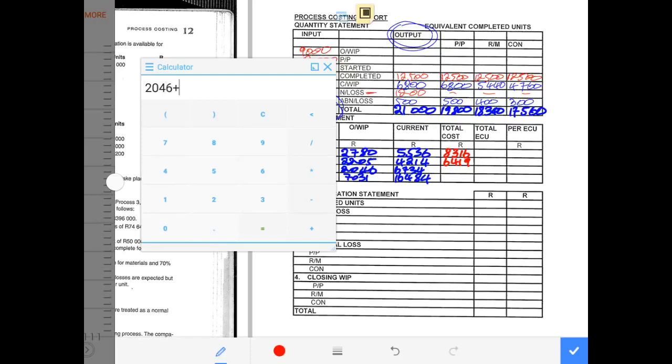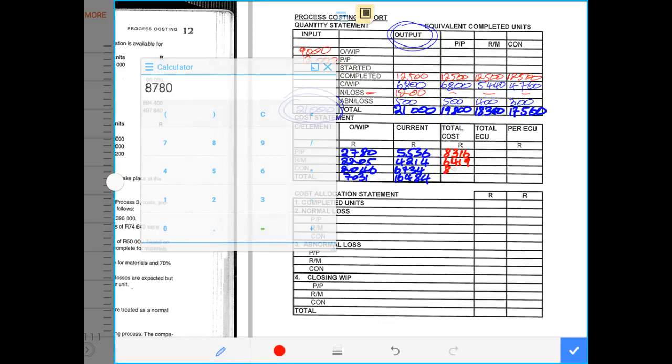The next one is 2,046 plus 6,734, and this gives us 8,780.